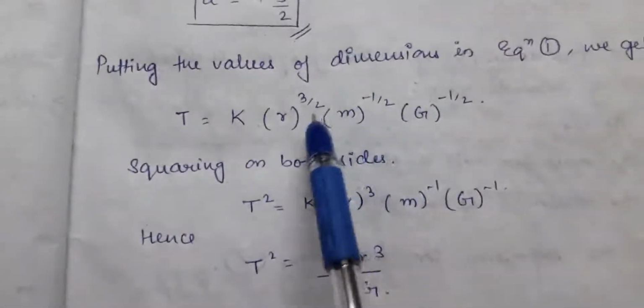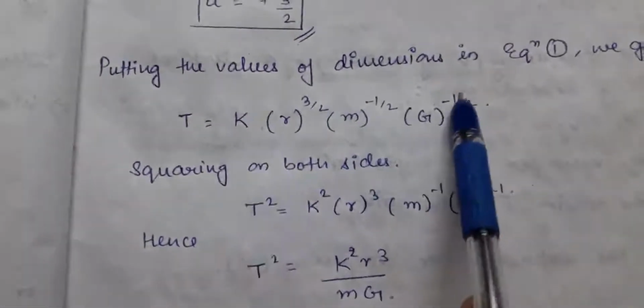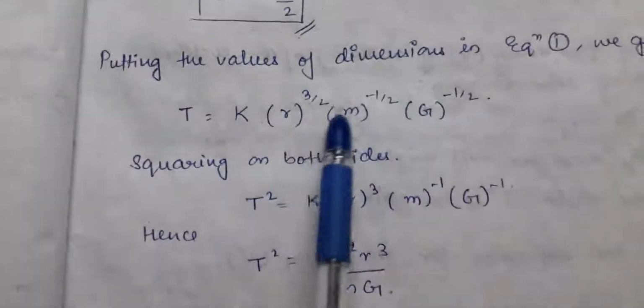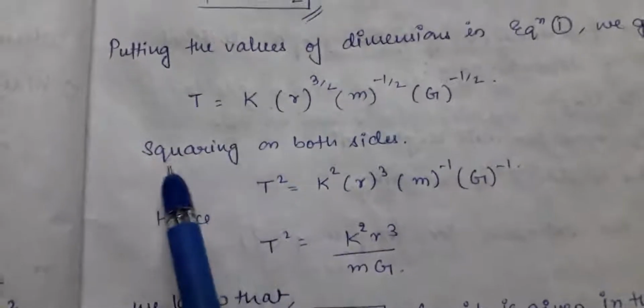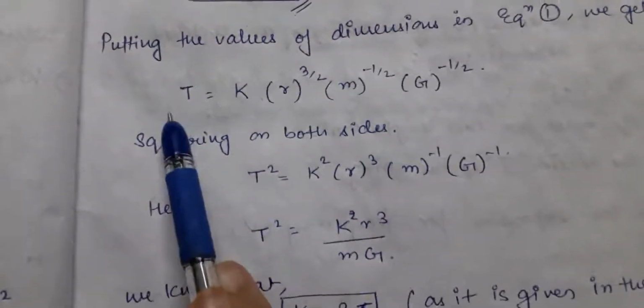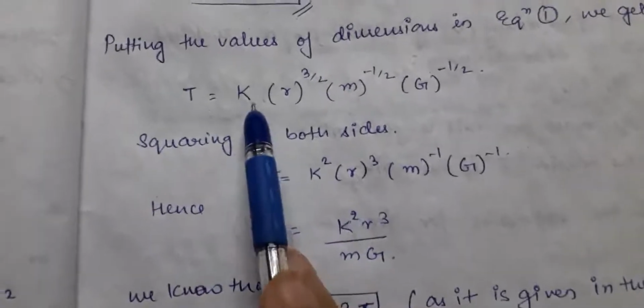For your convenience, suppose the students are not getting how to write this formula, and are a bit confused about minus 3 by 2, minus 1 by 2 or somewhere. So don't worry, let us square on both the sides. So T will become T square, K will become K square.